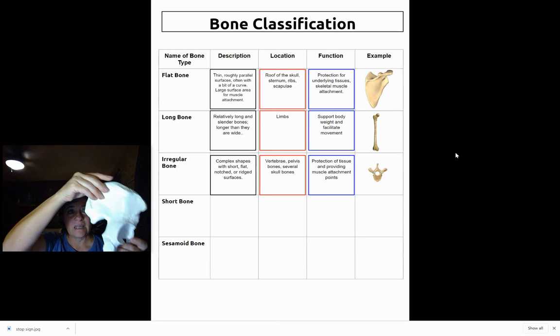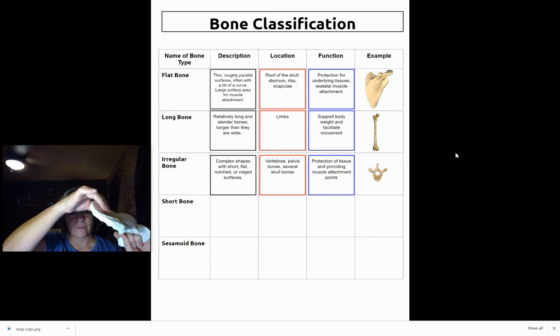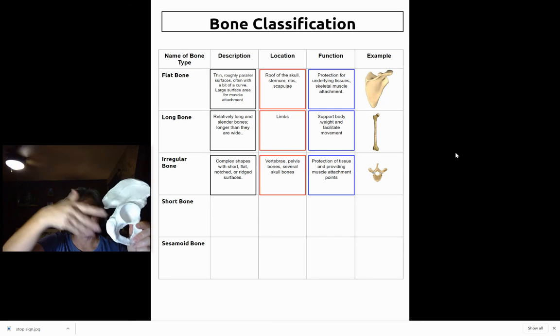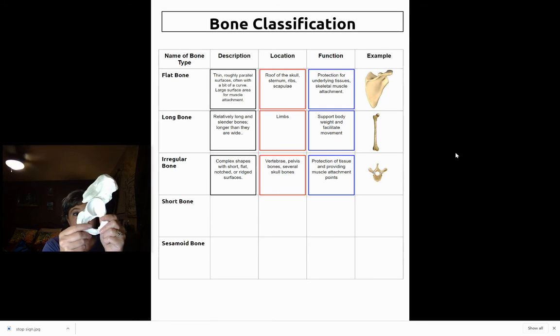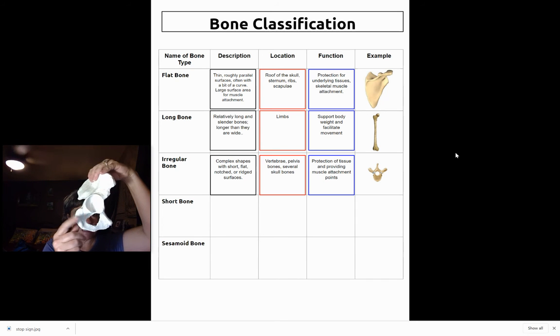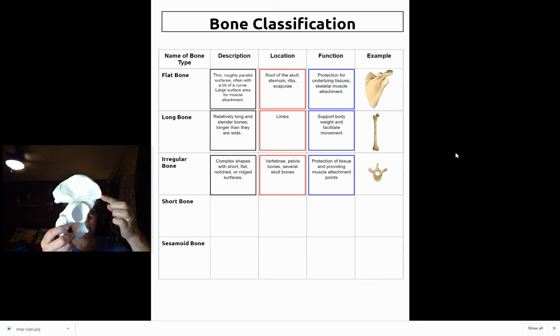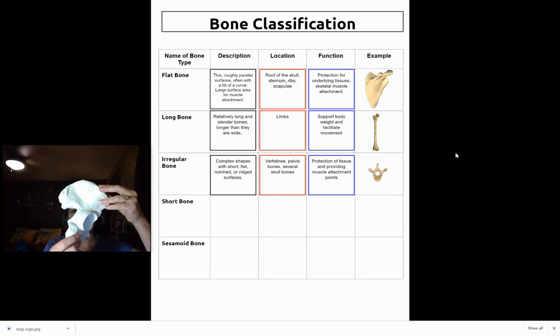You can see part of it does have a flat surface, like the flat bone, but the whole bone together is irregular. And so all of these things sticking out, which are called processes, you have one here, you have one here. These are all what make the bone look funny, where a bunch of muscles and things attach.